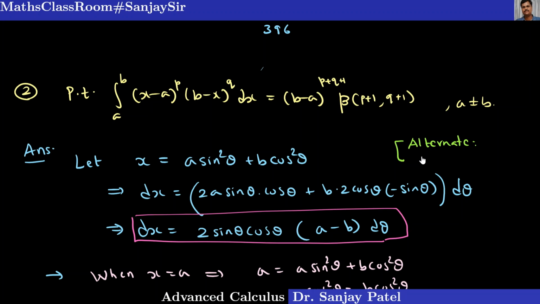You can write x minus a is equal to b minus a into y. This is one substitution. Another substitution I can give you is x minus a is equal to simply y, and then later on you can change, or you can take a new substitution for y upon b minus a is equal to z, and that will help you to solve this problem in another way.